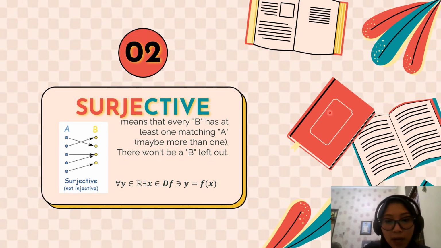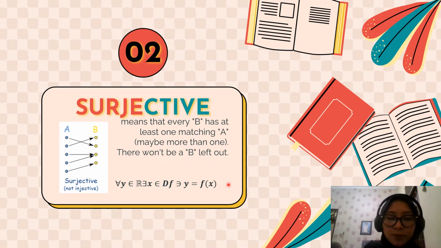The second one is the surjective function. Surjective function means that every B has at least one matching A, maybe more than one. You can see in this picture, B has at least one matching A. There won't be a B left out.